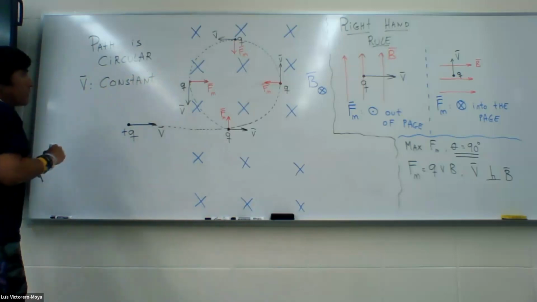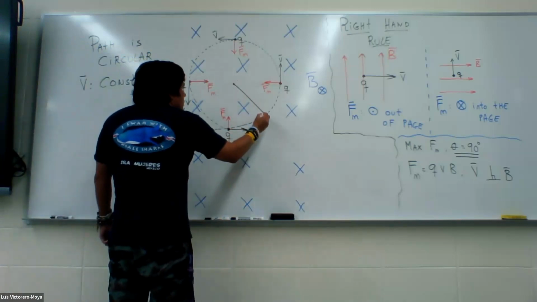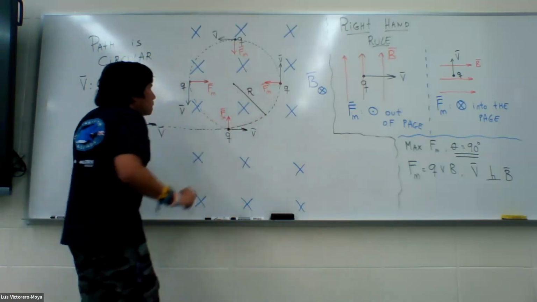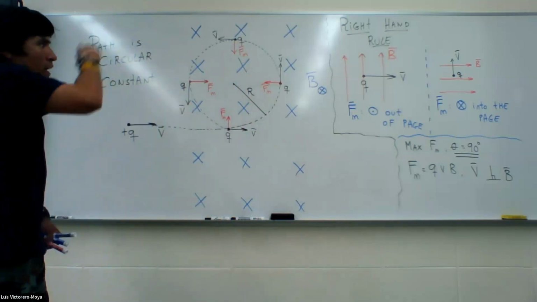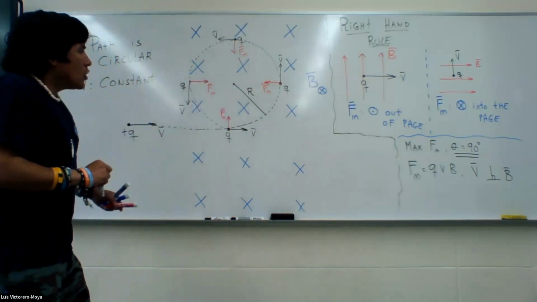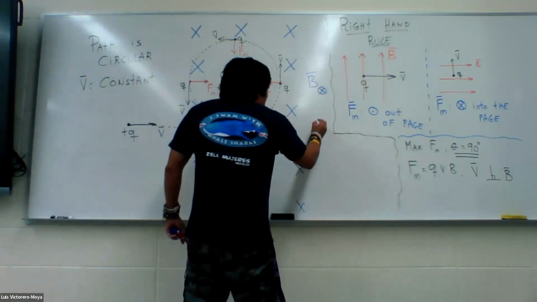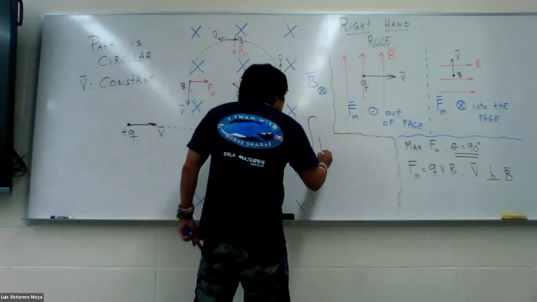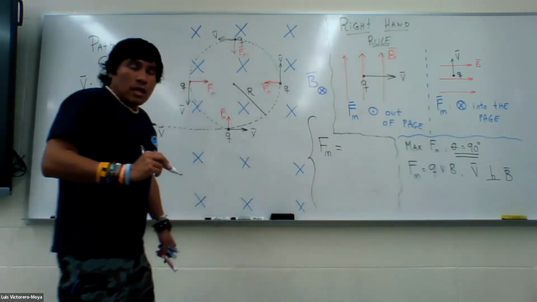So there is going to be a period. Furthermore, there is some radius here. If it's going in a circular motion, this magnetic force, we know what it is. That magnetic force is equal to what?